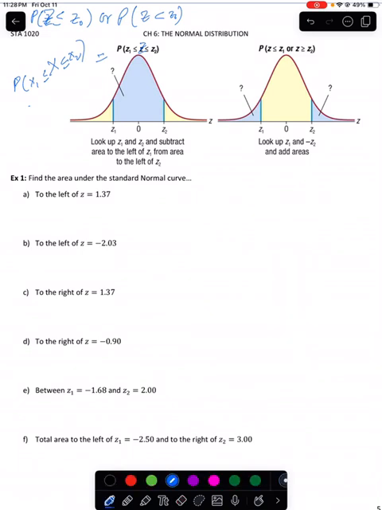So we could have that our big X is less than or equal to some little x1, or, if you recall, "or" is a union from chapter 4, so we unite them, bring them together. Probability X is less than or equal to x1, or big X is greater than or equal to x2.